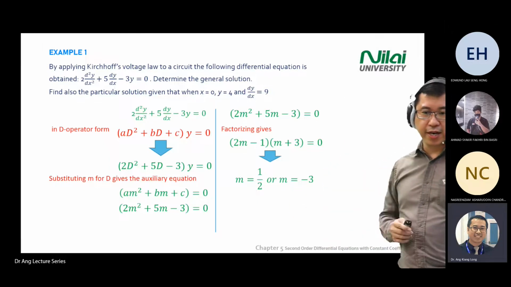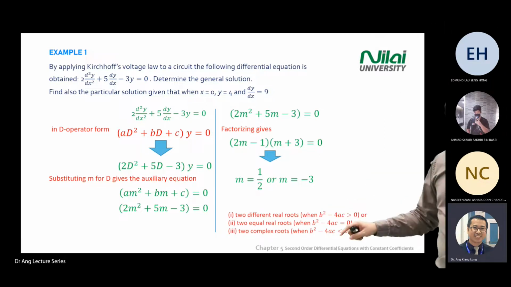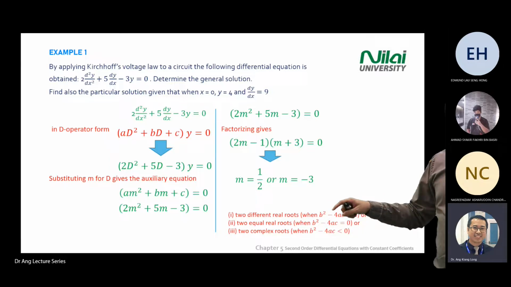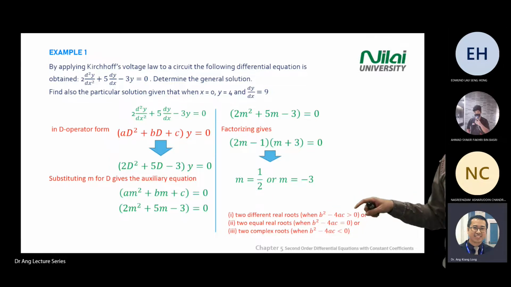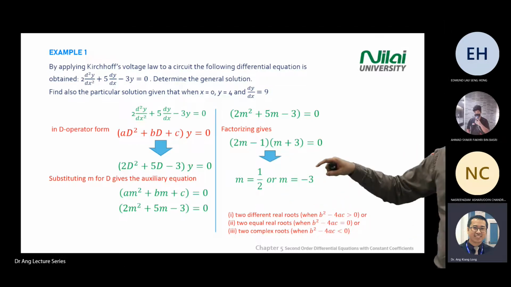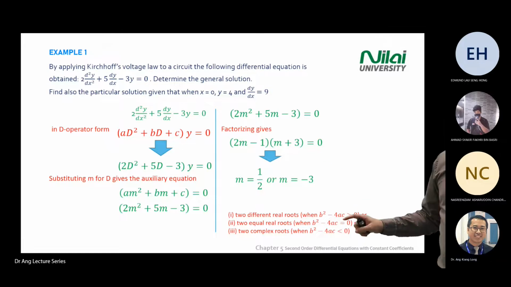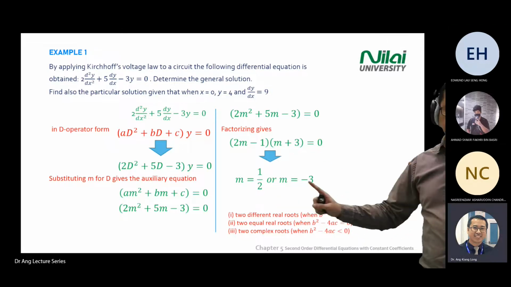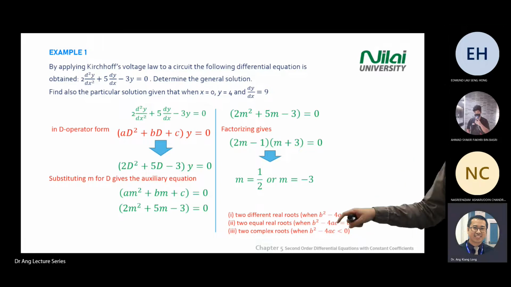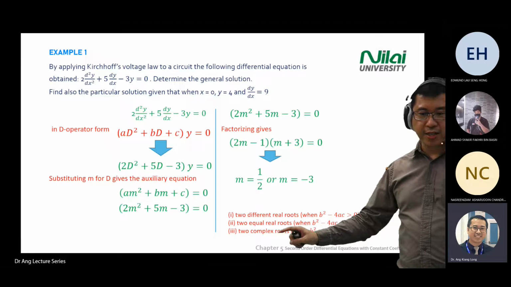So if b squared minus 4ac is more than 0, you have two different real roots. If you get 0, you will see the same number. If you have a negative, it means you have a complex number with j in the answer.